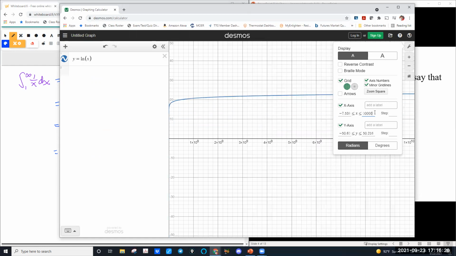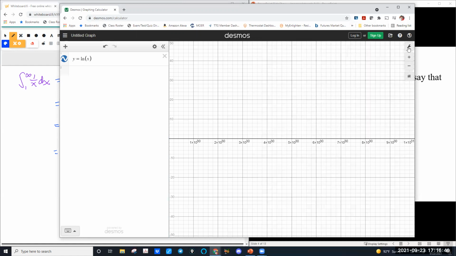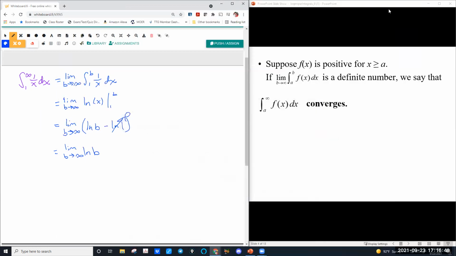There is no upper bound on this thing. It just keeps going and going. So here's the thing about logarithms: logs are increasing functions, they just increase at a decreasing rate. So you have to be a little careful because the graph can be tricky if you're not familiar with what's going on. So this actually goes to infinity.